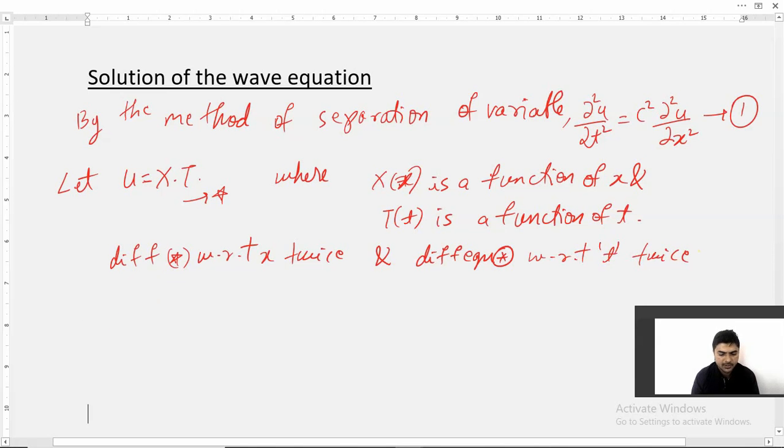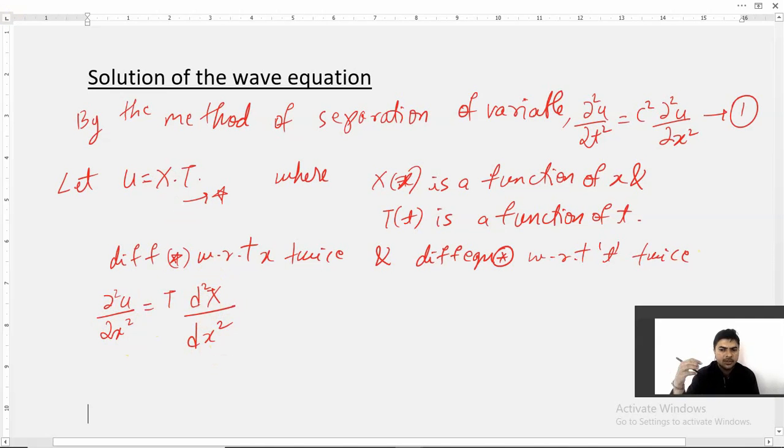You are already perfect with double differentiation, so directly write this as ∂²u/∂x² is equal to t, t is constant, so I will write t as it is, no change. When you are differentiating with respect to x, it is going to become d²X/dx², because only one variable is there.